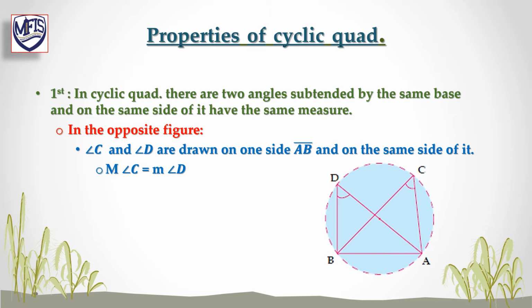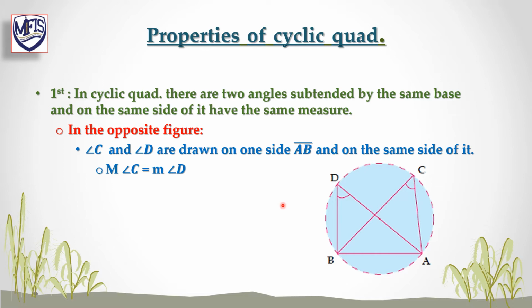The two angles are drawn on the same base of the quadrilateral, on the same side, in the same direction from AB. The two angles here are equal in measure. That means measure angle C equals measure angle D.